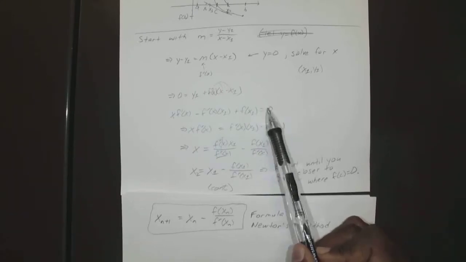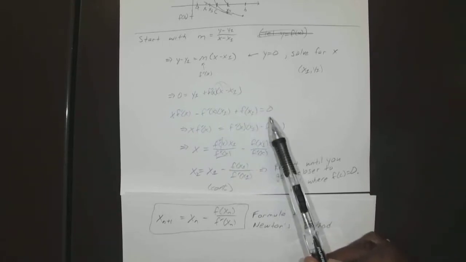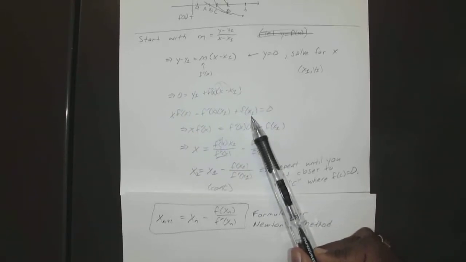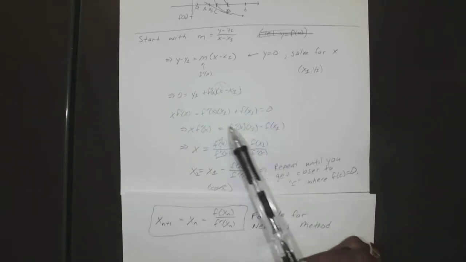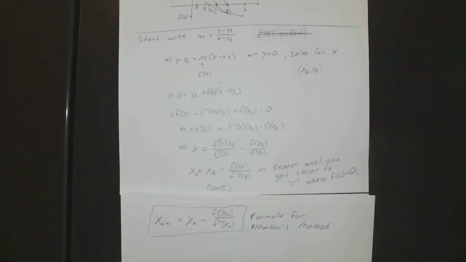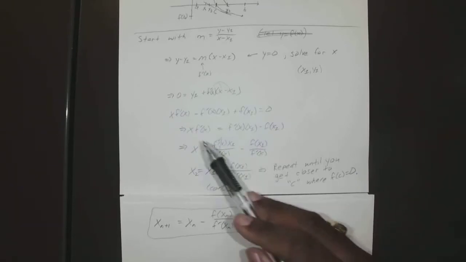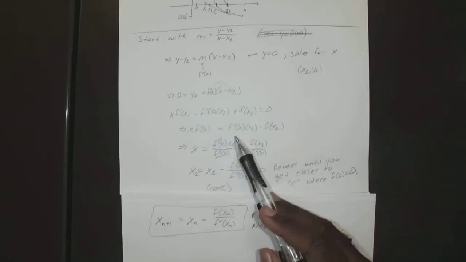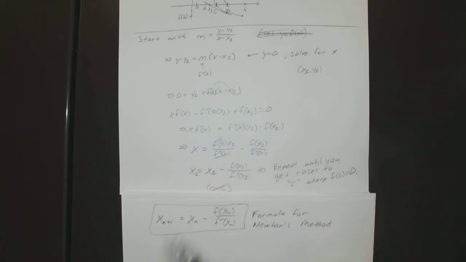So what I did was I subtracted f of x sub 1, which is right there. Then I added that, just to get the x by itself. So then just divided by f prime, those two canceled out, which just left x sub 1. Okay, I see.